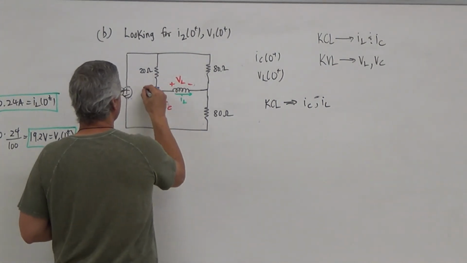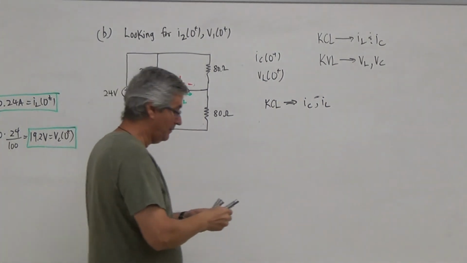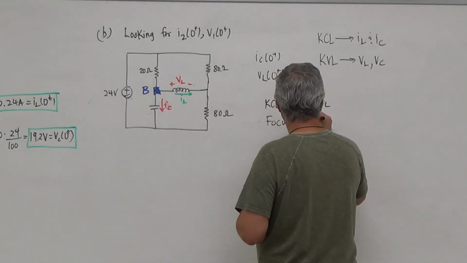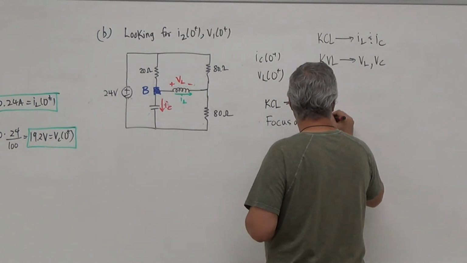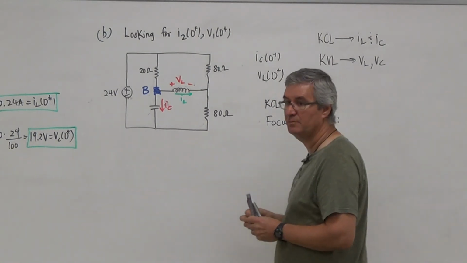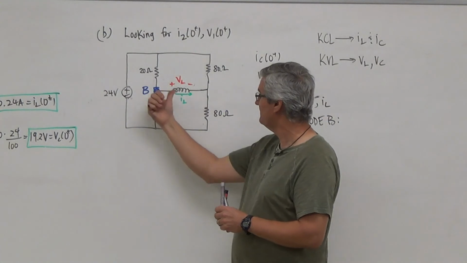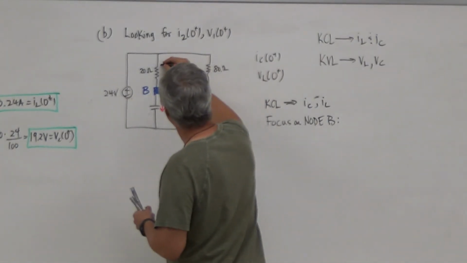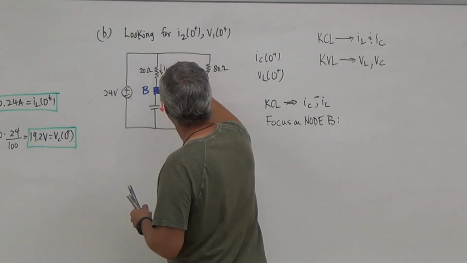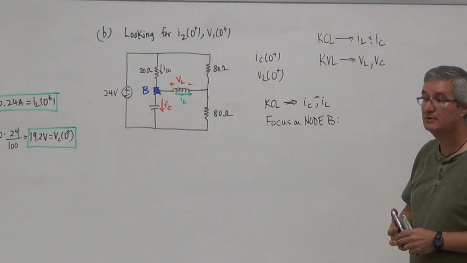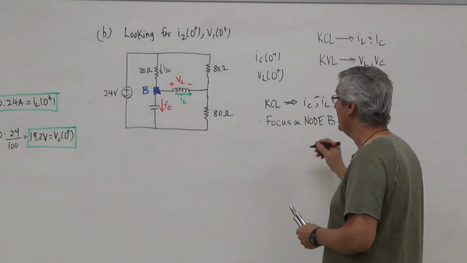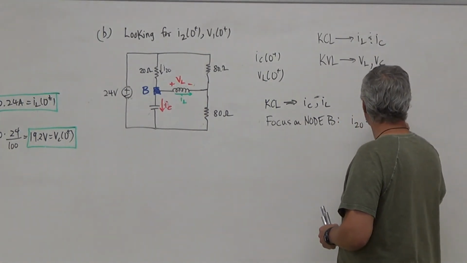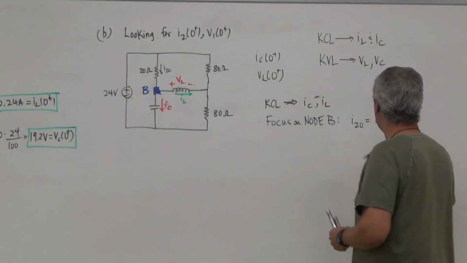Since I called the other one A, I'm going to focus on node B. If I focus on node B, you can see that if I have a current going this way and a current going that way, it looks like I'm going to have a current of I-20 in that direction. So let's apply it. I'm going to get I-20 equals IC plus IL.